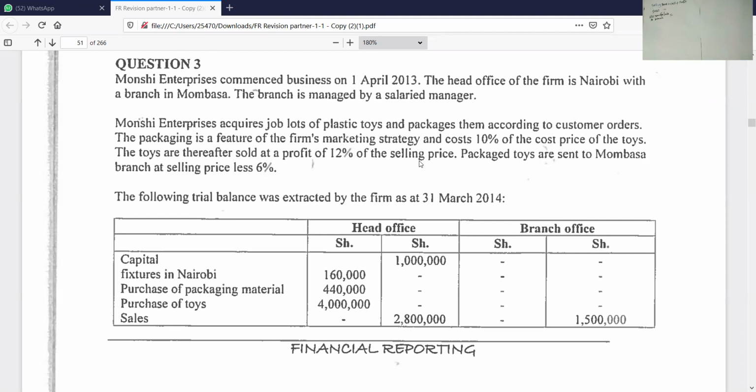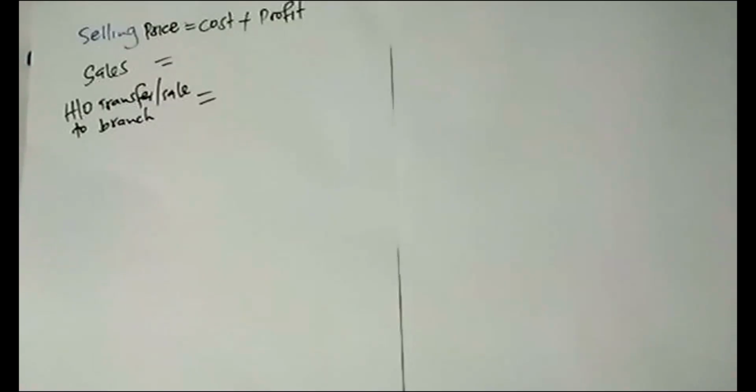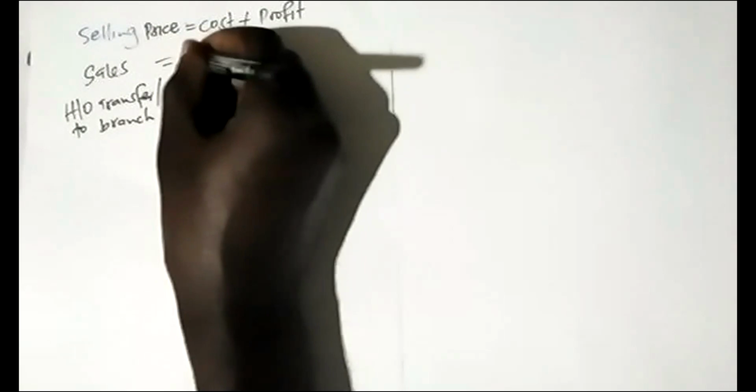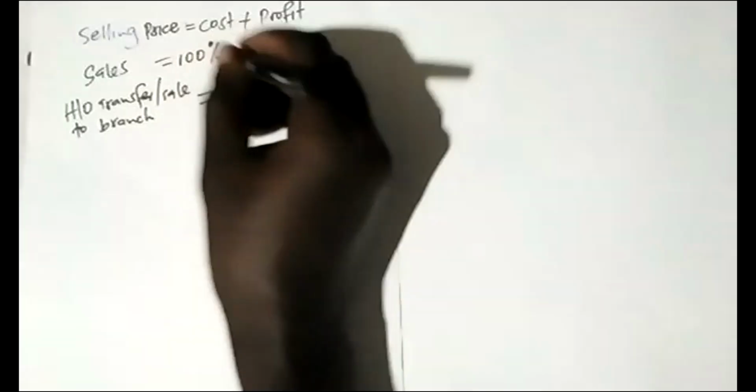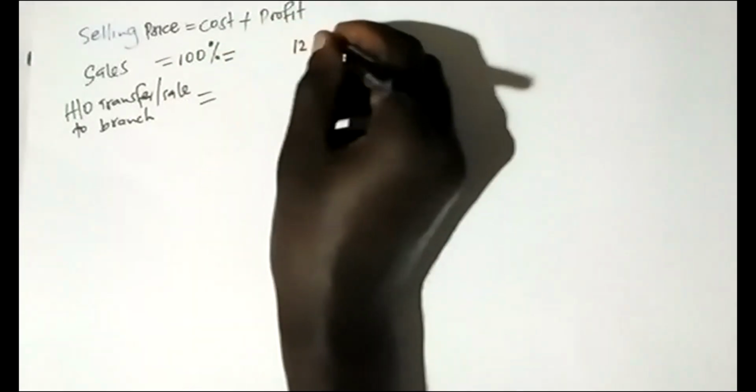So I have to raise it by adding the 12. But for now, my selling price, because it's in margin, it's not in markup. When they say markup is when you add, so I could have said 100 plus 12 to get 112. But for now, it's on selling price. So my selling price would be at 100%. Obviously. So the profit you are told is the one which is 12%.